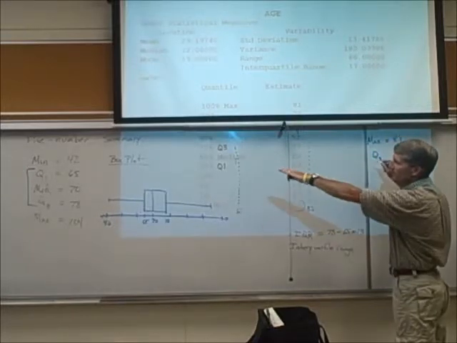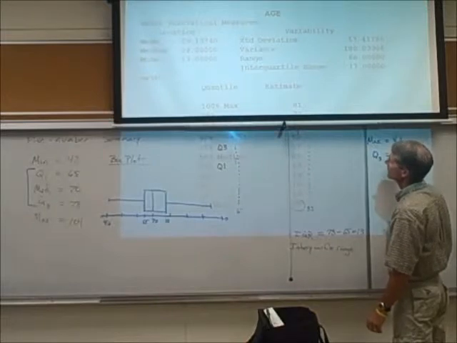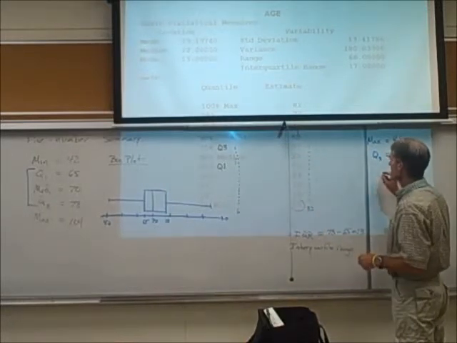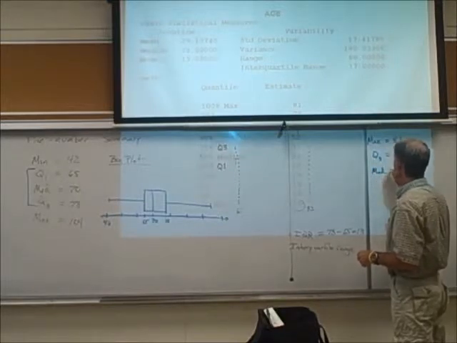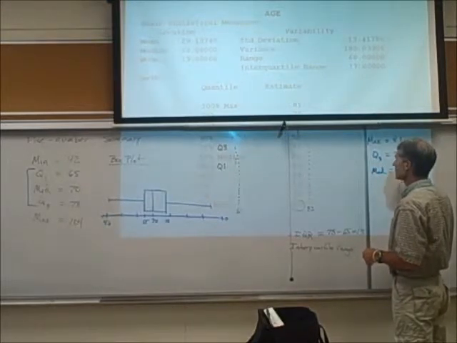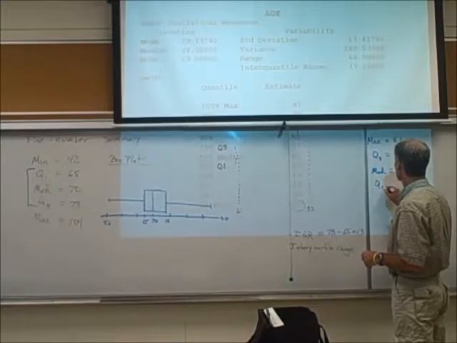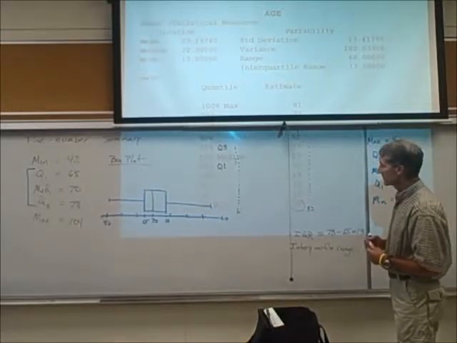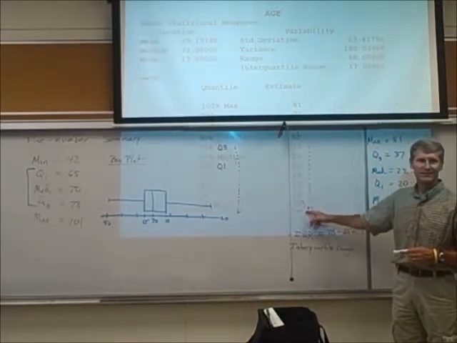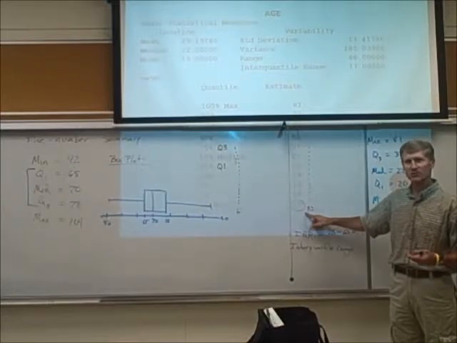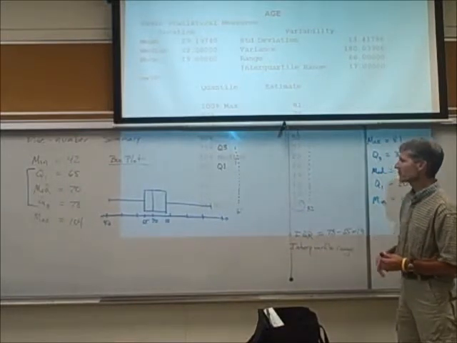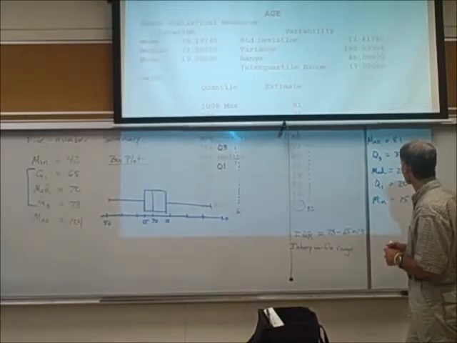Q3, I'm going upside down the way I did over there, but that's not important, is 37. The median is 22. And Q1 is 20. And then the min was 15. The min was supposed to be 18, because you weren't supposed to ask anybody less than 18, but we had a few people that did. So the minimum that I actually got was 15.